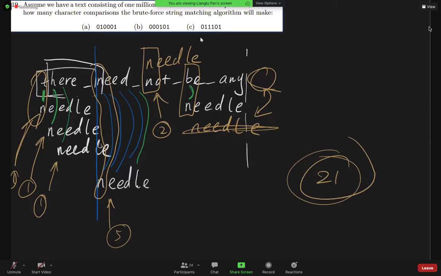I'll give you maybe 2 minutes to figure out question A, because if you can do that, the other two shouldn't be a problem. So spend 2 minutes on question A, find the exact number of comparisons that you will need to perform for a brute force string search algorithm, finding the pattern in a string containing 1,000,000 zeros.